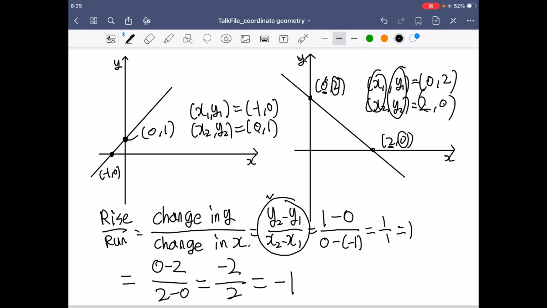It was 2 at first, but it becomes 0. That means it goes down. So that's why when we calculate this gradient, those two have different values. Like one is positive while the other one is negative. So that's why when we find the gradient, we got the negative value.